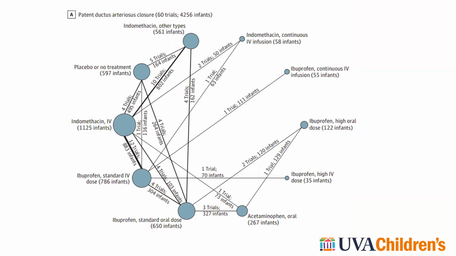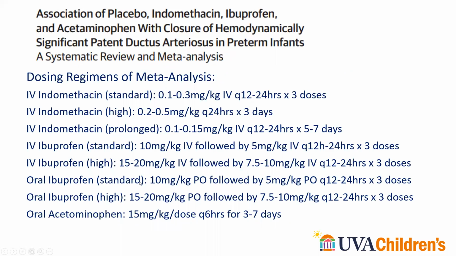So for this network plot, you can see that the most common medication used was IV indomethacin, but the biggest comparison was IV indomethacin to standard IV ibuprofen. This slide is simply here to show you the numerous different dosing mechanisms that they found in these 68 trials.